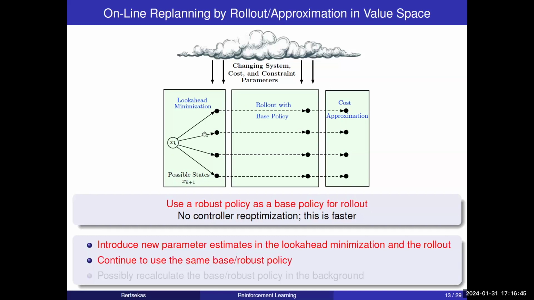So instead of using reoptimization, we have some kind of robust controller to generate this rollout, and we have some cost approximation, perhaps trained with a neural network, and instead of reoptimizing, you do this approximation in value space calculation. It's also possible, as you collect information about the parameters, to recalculate the base policy to bring it more in tune to the changing parameters.